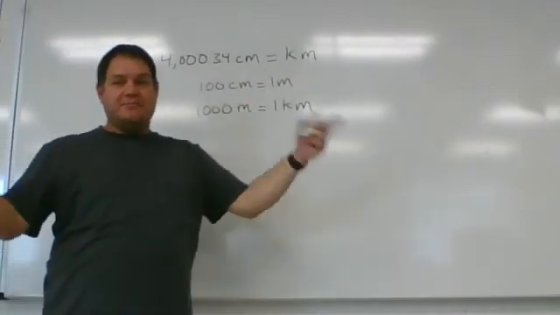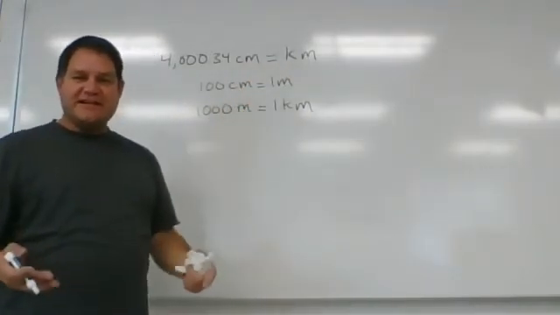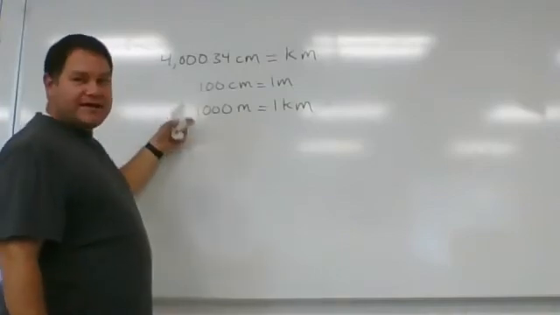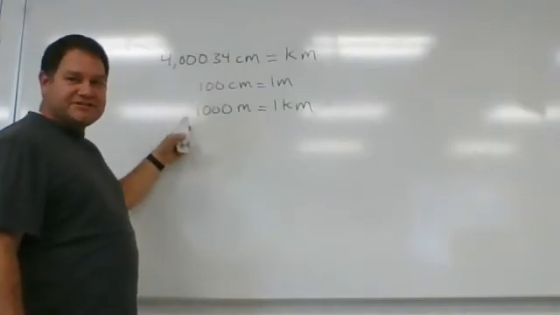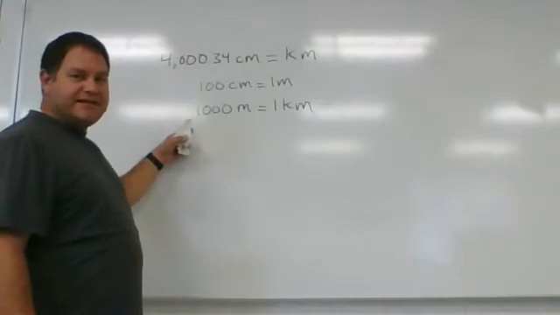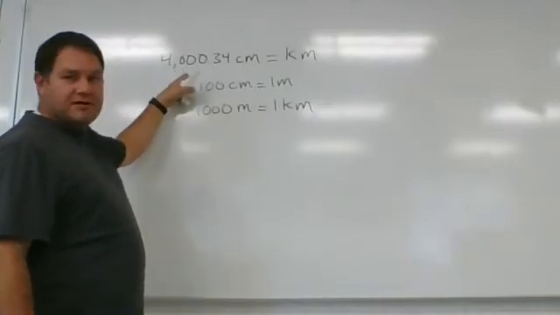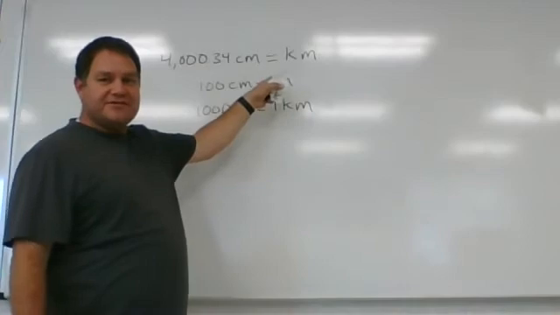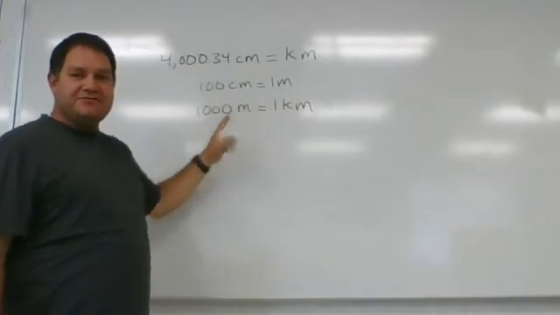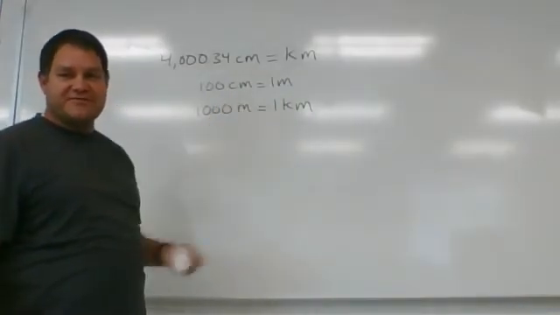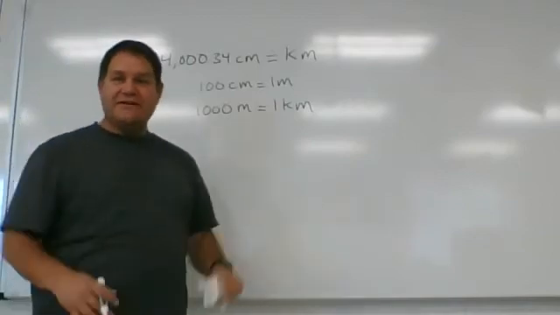But let's pretend in this case that this is all I know, these two unit relationships. So what I need to do is solve this problem, convert centimeters to kilometers using these two unit conversion factors, okay? So how do I do that?